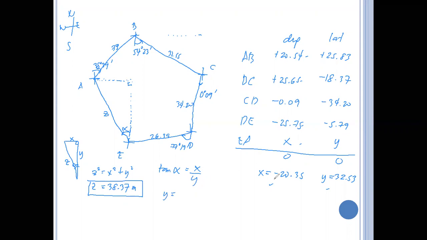So alpha is tangent inverse of x over y. This will give us 32.03. If you want to convert this to DMS format, degrees minutes seconds, this will give us 32 degrees 02 minutes. And obviously the direction is northwest. So this is the answer to example number 1.